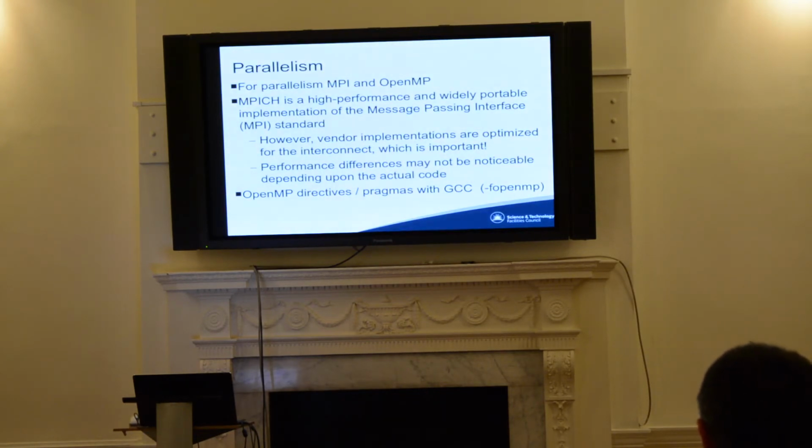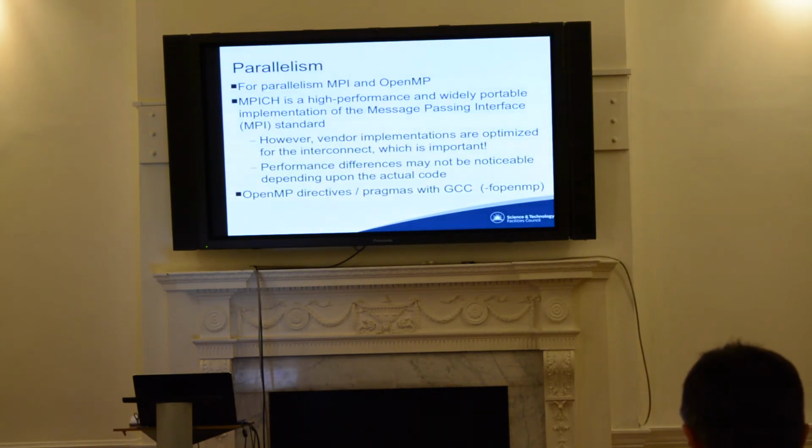Now there is an open source version of MPI, MPICH, and again that is widely used. However, as with the compilers, sometimes the vendor implementations are better optimized for the interconnect. In HPC this is important because one of the most costly areas in the performance of the code is whether it's doing any internode communications.